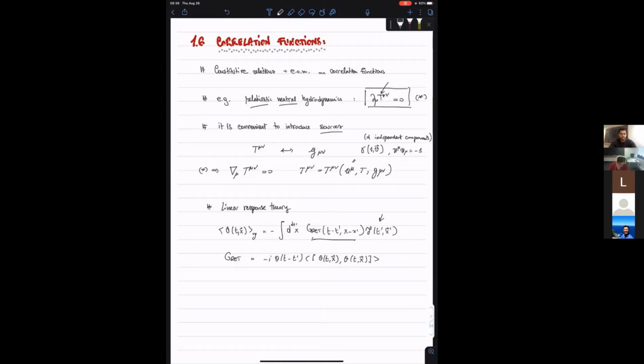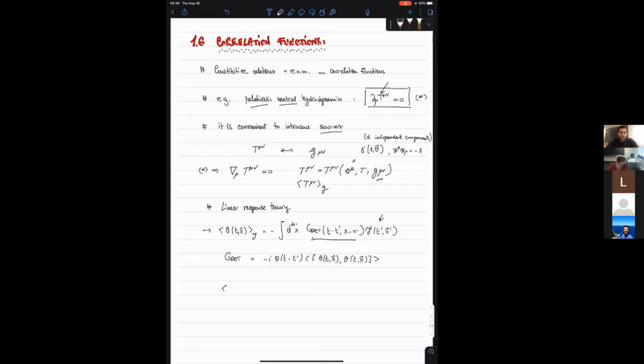So by using this linear response theory result, we can think of our stress tensor here as being a one-point function in the presence of the source, which is given by the metric. And therefore, we can extract the corresponding correlation function.